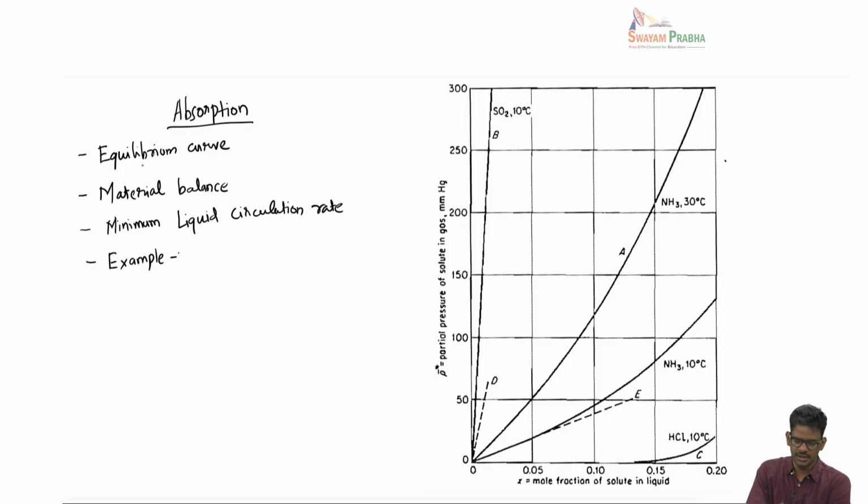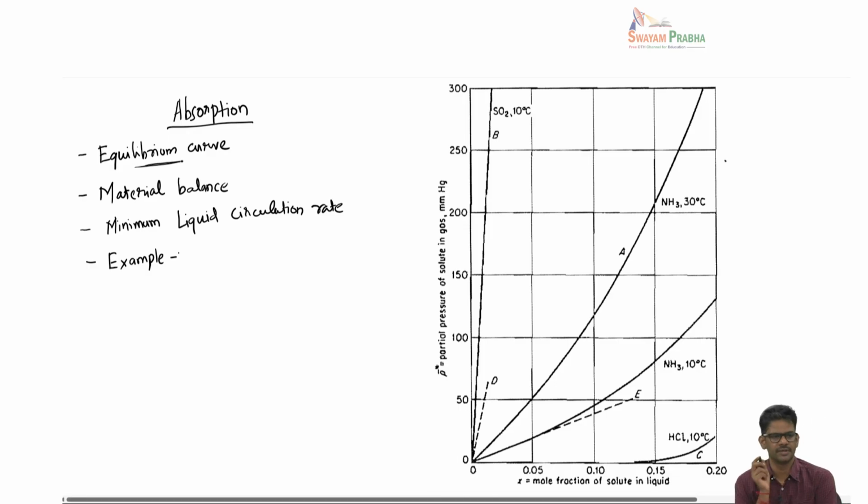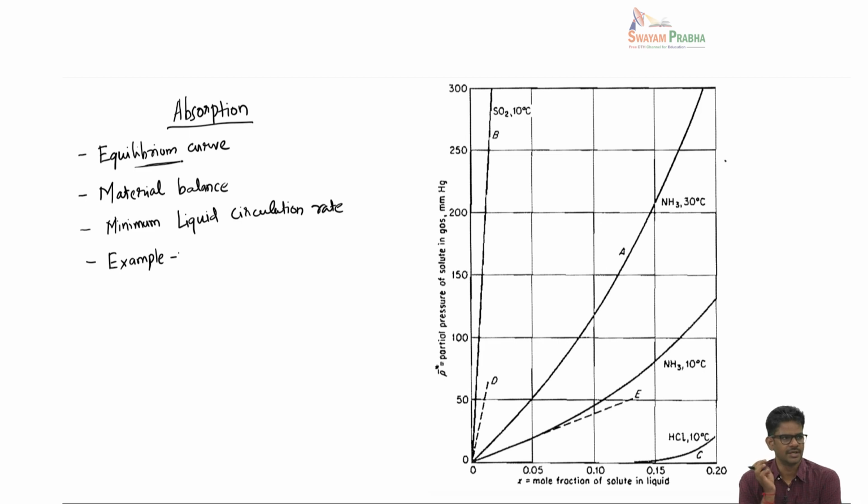Now, the equilibrium curve is something that relates the equilibrium solubility of a solute in a liquid. In the chemical engineering thermodynamics course, you must have studied something called solubility of gases in a liquid. So here we are talking about the same thing. If I have a gas mixture and one of the solutes is soluble in a liquid, how do we estimate the solubility?